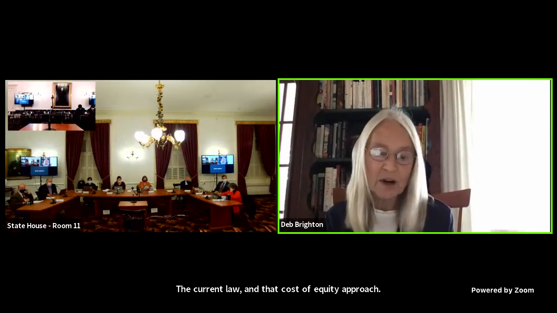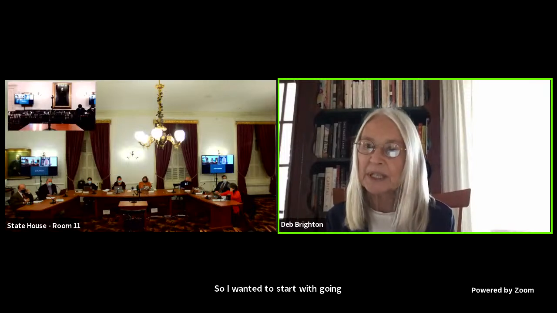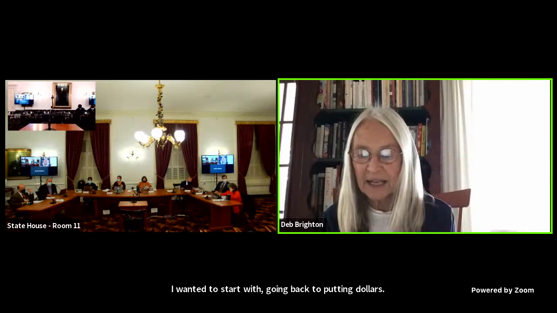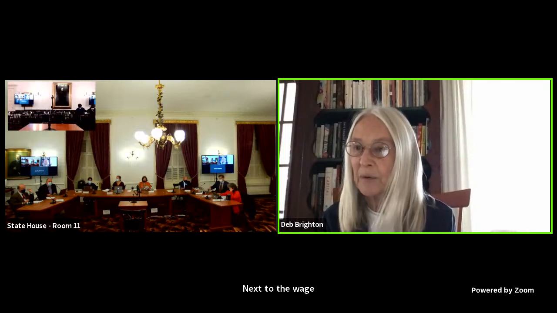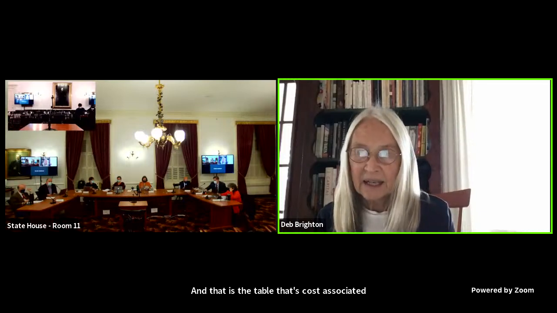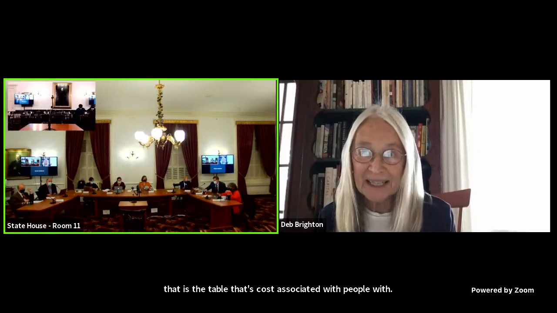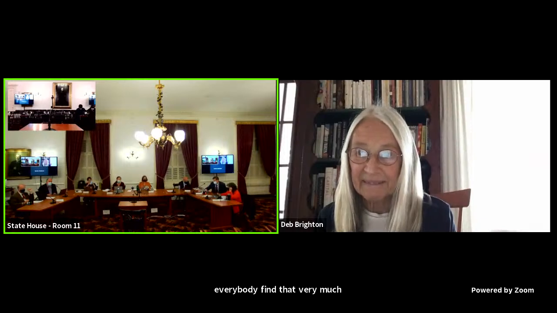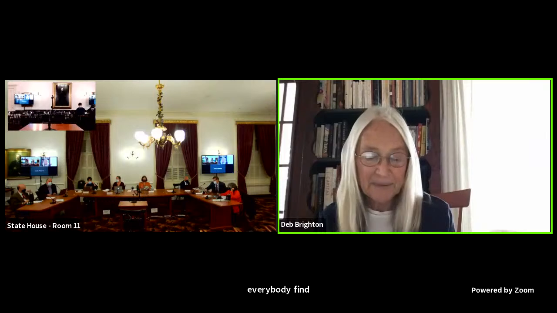So I wanted to start with going back to putting dollars next to the weights. And that is the table that's cost associated with pupil weights. Everybody find that? The very bottom one. We have it. Oh, okay.